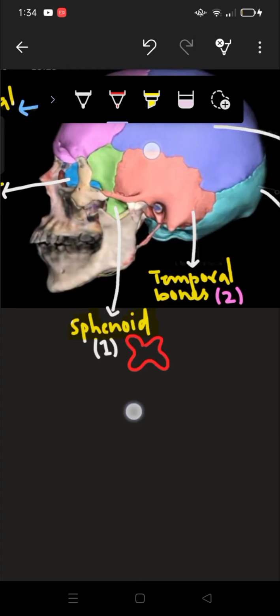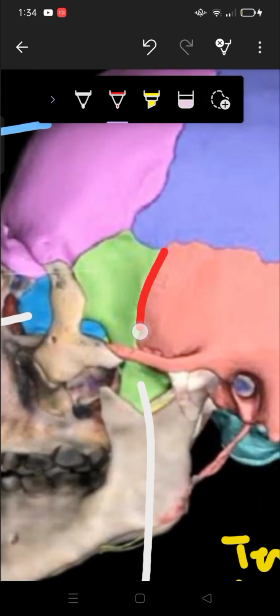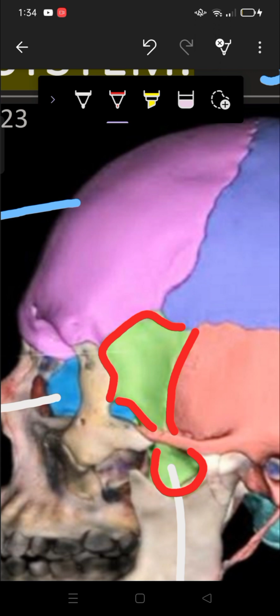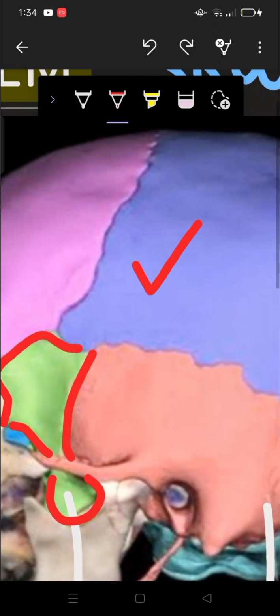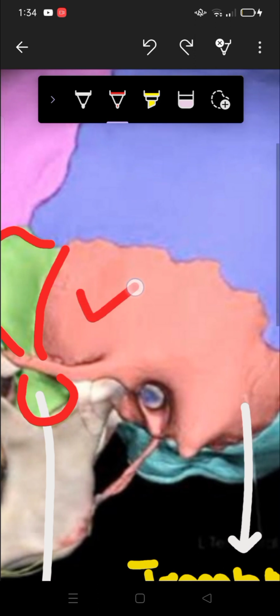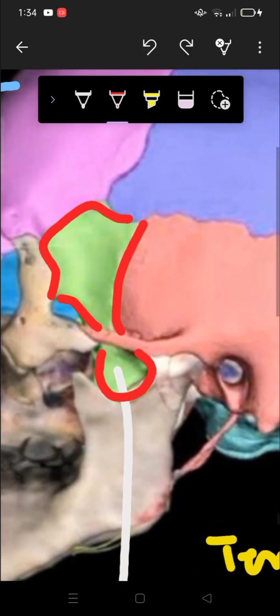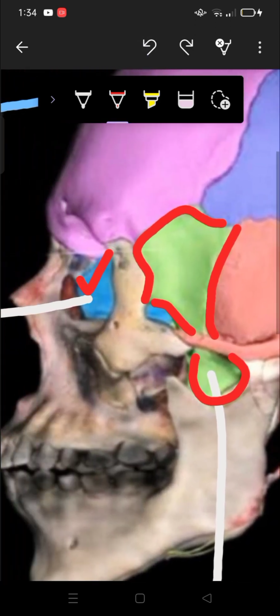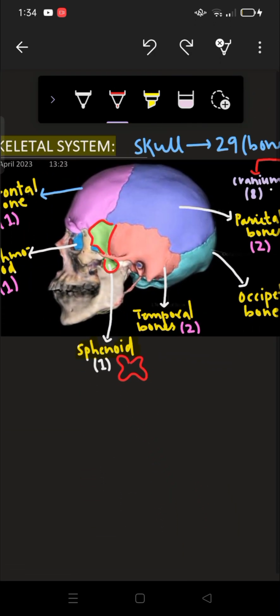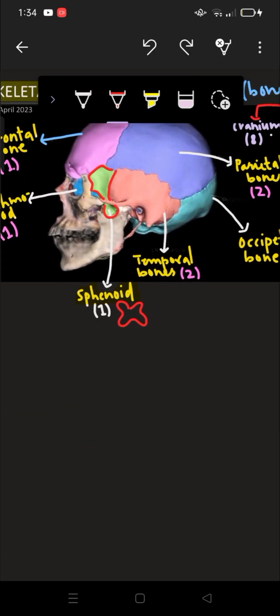As you can see, it is touching the frontal bone, the parietal bone, the temporal bone, and the ethmoid bone as well. So sphenoid is the bone which touches every bone of the cranium. This was an interesting fact which I told you.